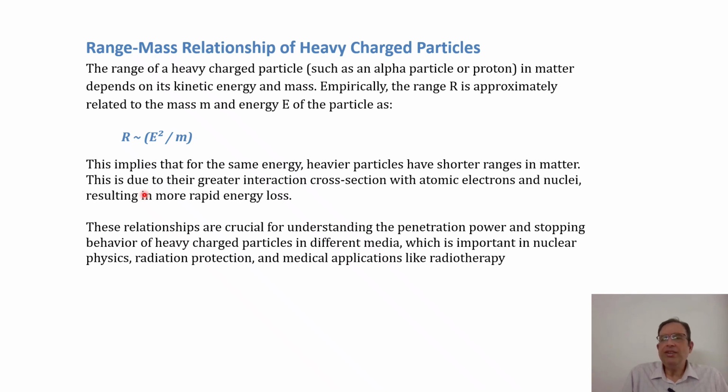These relations are very important in nuclear physics and radiation protection, for example, because we require different types of materials for radiation protection, and in medical applications also, where we need to know how the interaction of radiation with human tissue will depend upon the properties of the radiation that we are talking about.